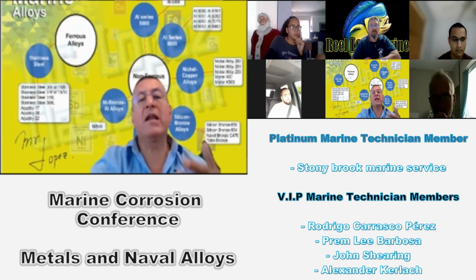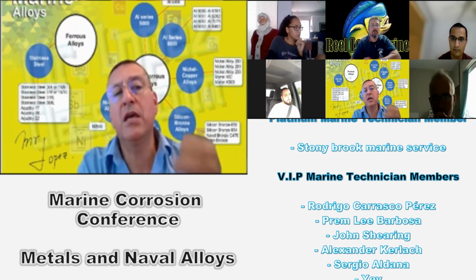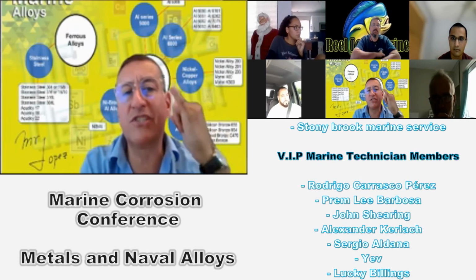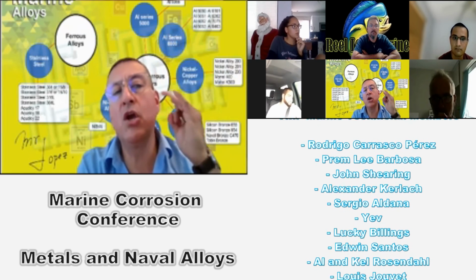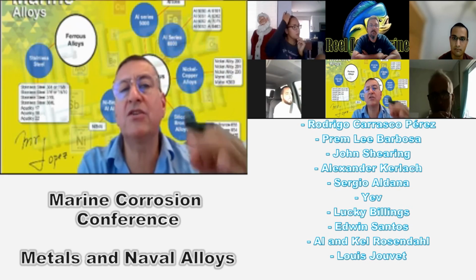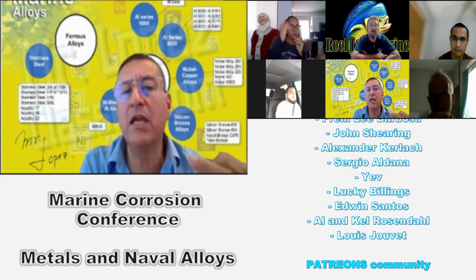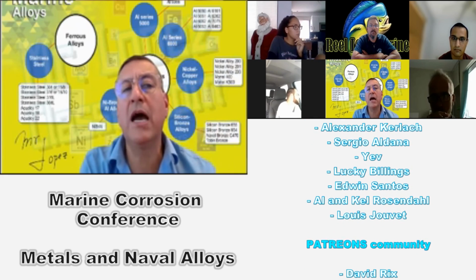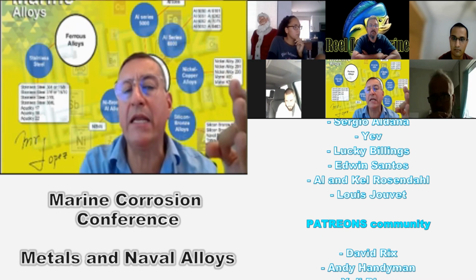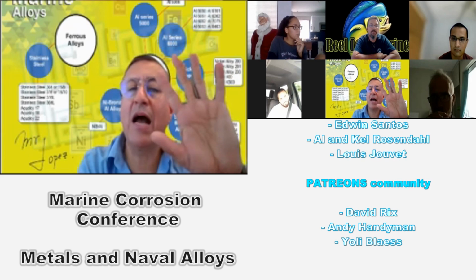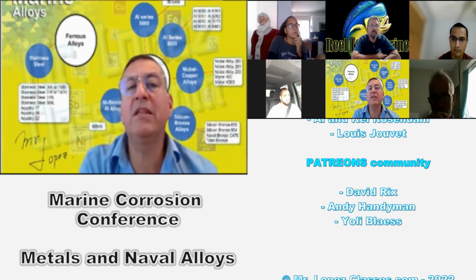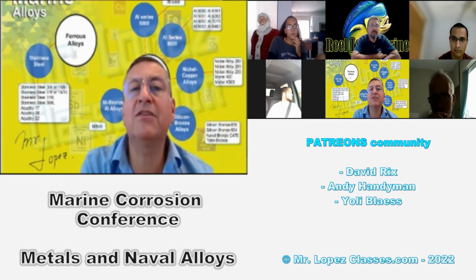Okay, this is the summary of this conversation. You need good selection of sacrificial anodes. That's number 1. Number 2, you need good selection of materials and hardware in the construction of the boat. And you need good wiring of the boat. And there is another one. What is the number 4 that is important?